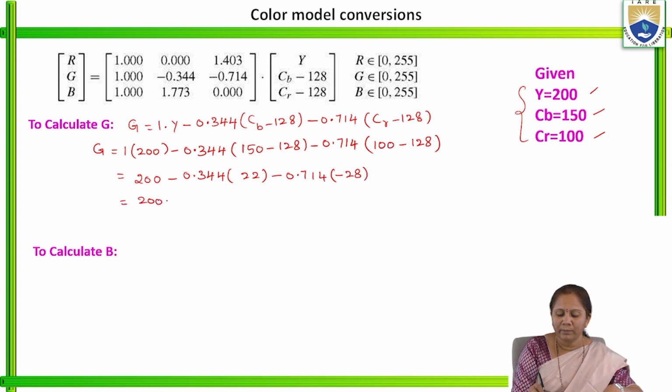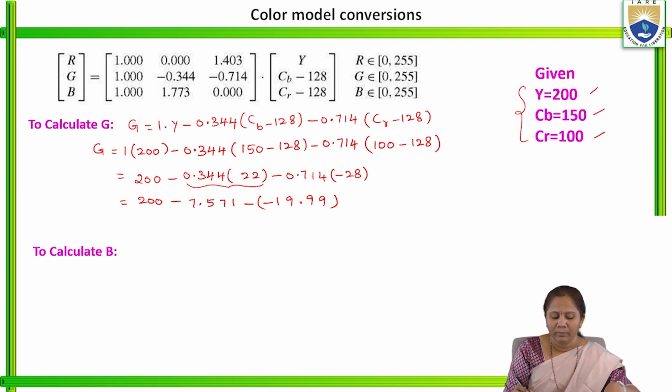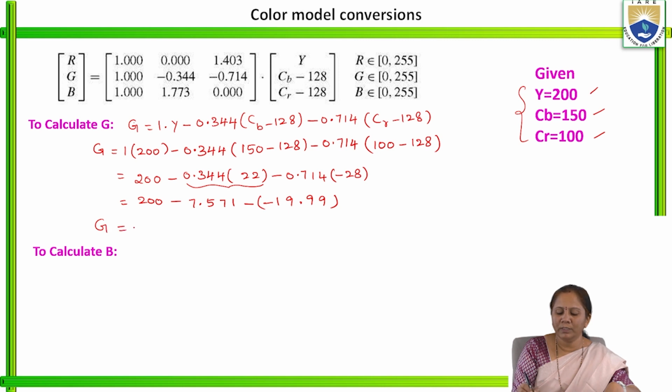Multiplying these two terms, we get 200 minus 7.571, and multiplying with minus again, we get a positive value, 19.99.